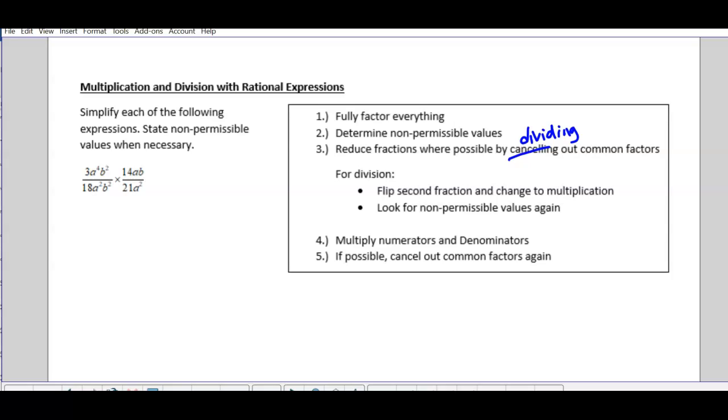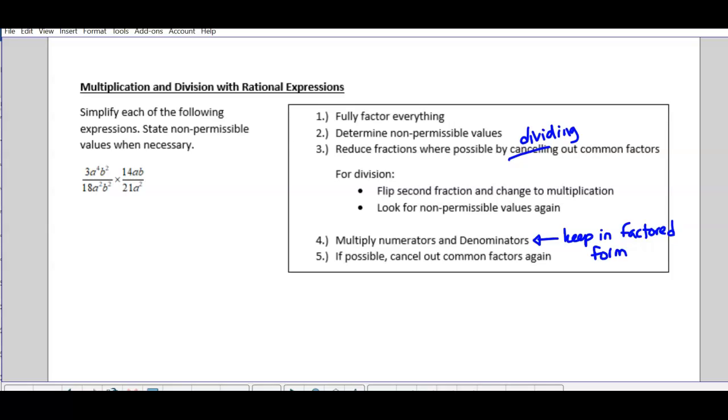Then multiply numerators and denominators. If possible, cancel common factors again. If you've got it done in the first step, you're usually good at the end. When it says multiply numerators and denominators, you can keep in factored form, so you're just showing it in one fraction. Very rarely do we expand them back.